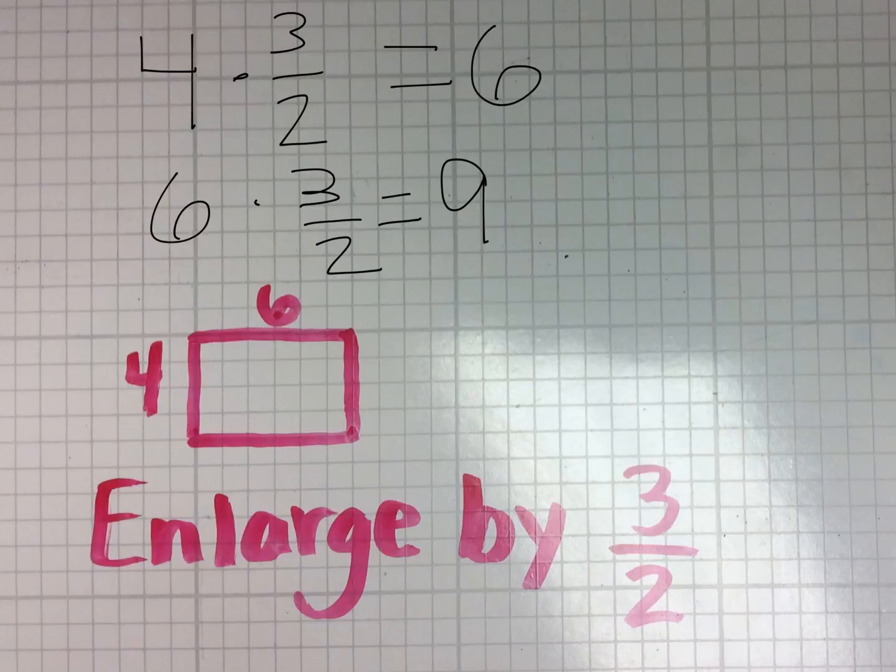So our original area of our shape was 4 times 6, which would be 24 units squared. And this shape had the perimeter of 20 units. So let's look at the new shape.